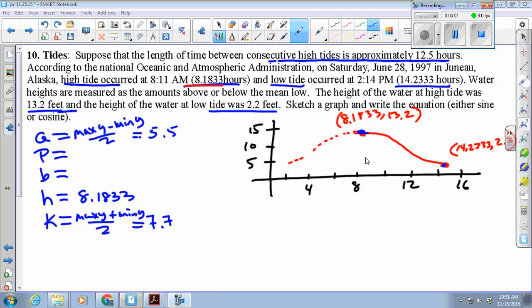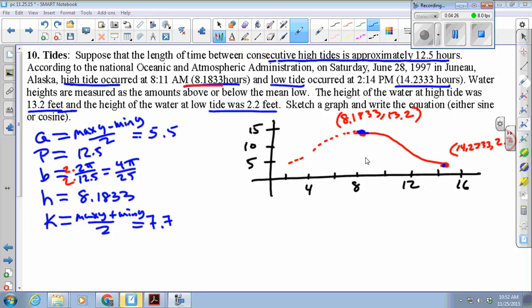Period we know is 12.5, so the b value is going to be 2 pi divided by 12.5. We don't like decimals in fractions, so I'm going to multiply both numerator and denominator by 2, and I will get 4 pi over 25, which can't be reduced. I just leave it like that.